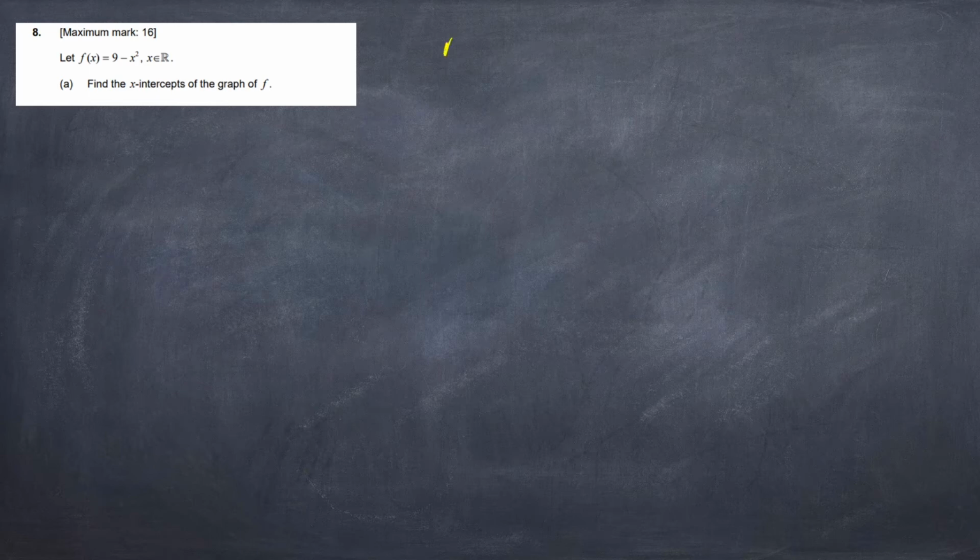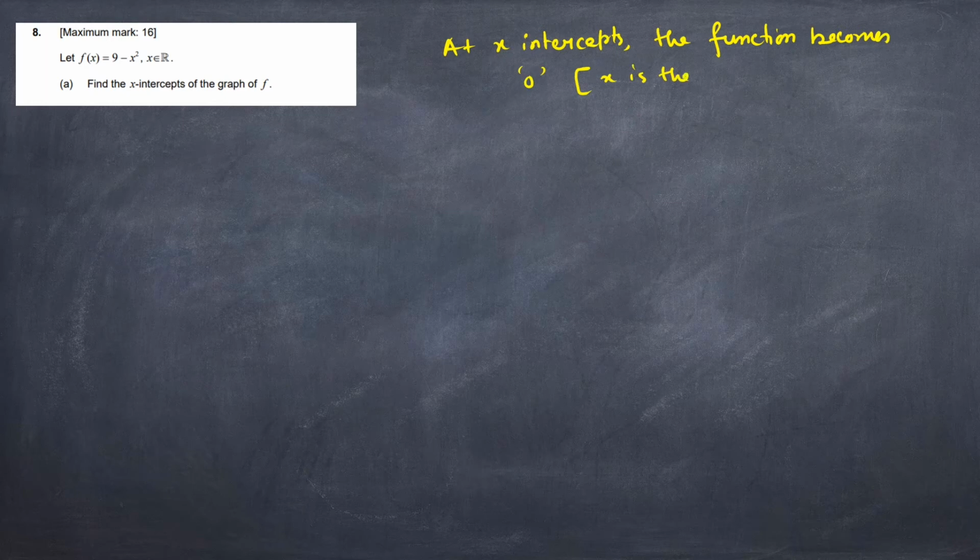Just a simple theory: at x-intercepts the function becomes 0, provided x is the independent variable. Here x is the independent variable because the function is f of x.